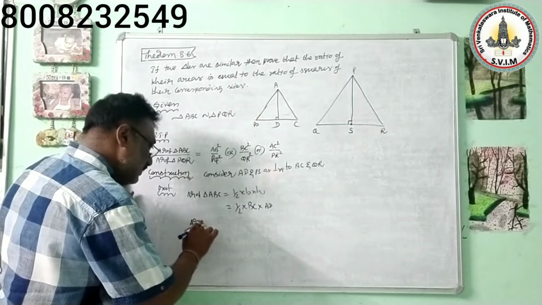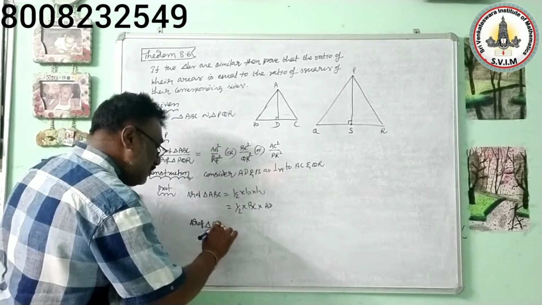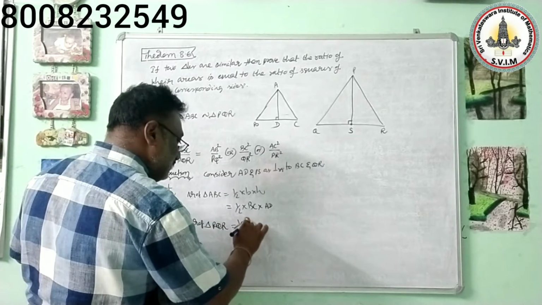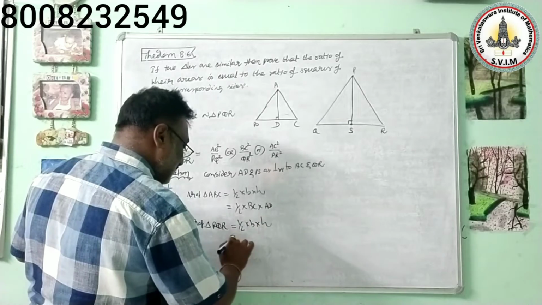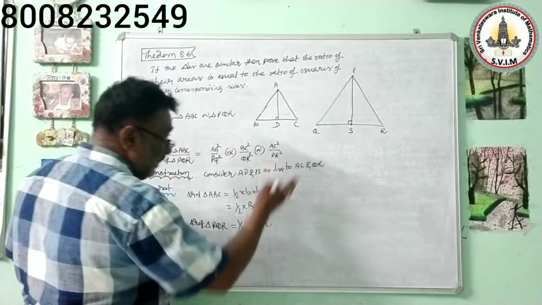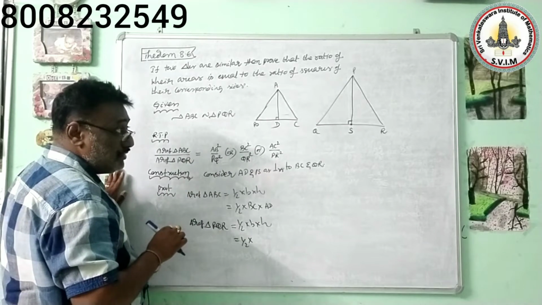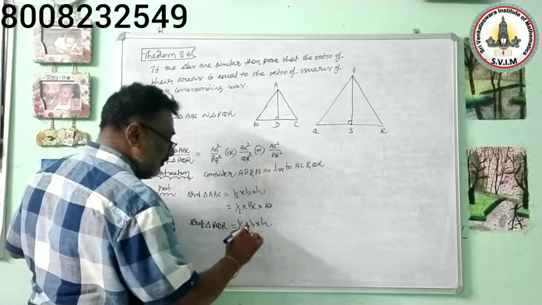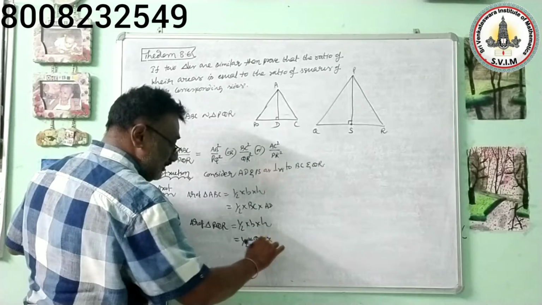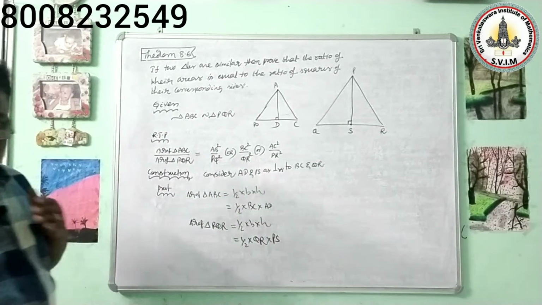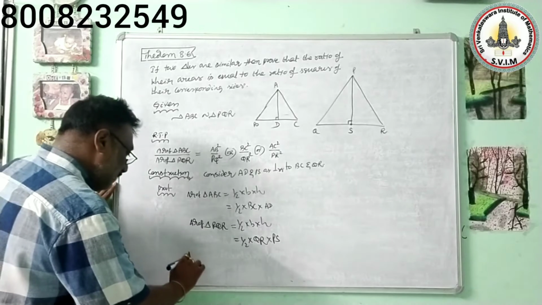Now area of triangle PQR is equal to the same half into base into height. Here half into, in that triangle we are considering PS perpendicular to the side QR, so the base is QR. What is the height there? PS. That's all. Now listen to me.